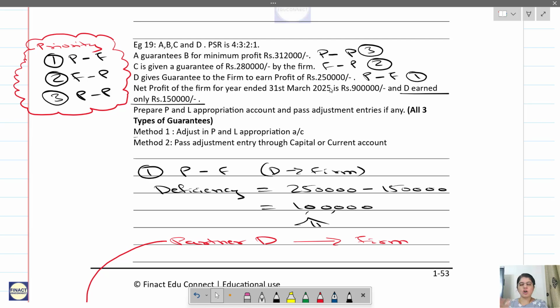Now it's not always necessary that every partner will bring the customer. See, in a partnership firm also, it's a business. So every partner will take care of different things. One will take care of marketing and selling. One will take care of handling day-to-day operations. One may take care of all the specialized skills or technical aspects of the business.